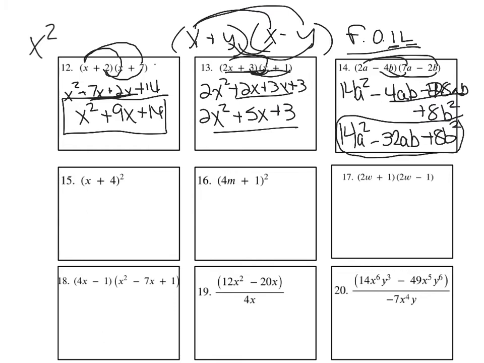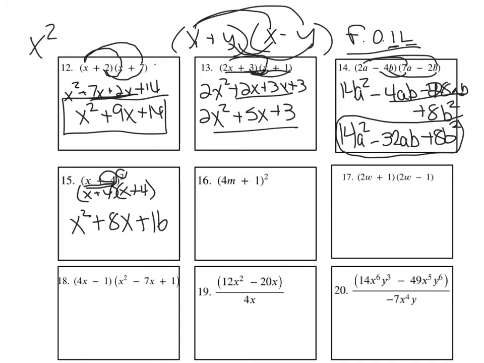Okay. All right, on the next line, it's two binomials that are the same. That's why they have a square, because this square means you're multiplying your base twice. So x plus 4 times x plus 4. Basically what you're going to have is x squared, and then on the other end you've got the square of 4, which is 16, and in the middle is going to be double your number there, 8x.